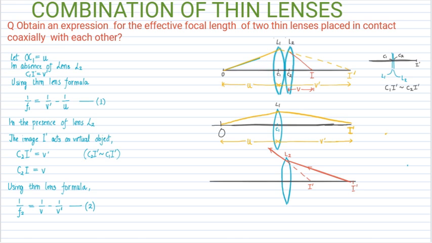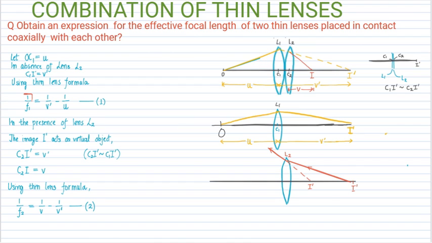So I can write down, adding equation 1 and equation 2, we get, first we will add the left hand side part.